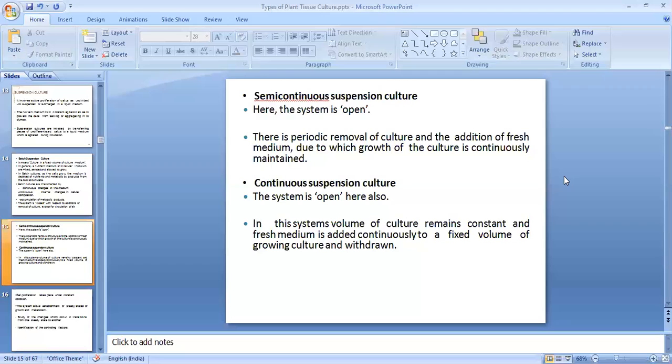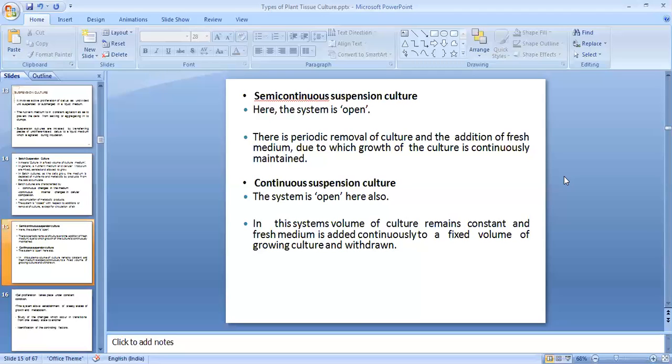Automatically, fresh medium is continuously added into a bioreactor so that the fixed volume of the culture remains the same throughout the period, and once the growth attains its maximum, it can be withdrawn automatically and continuously without stopping the process.